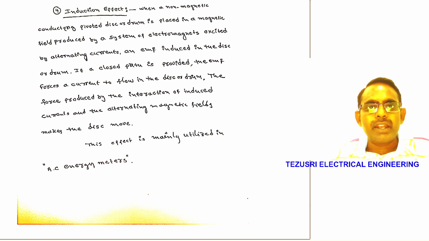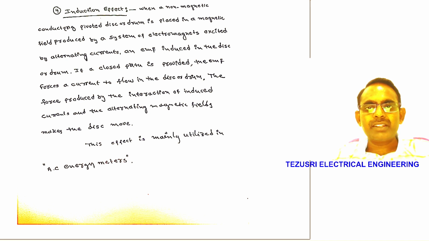Next, another one, induction effect. When a non-magnetic conducting pivoted disc or drum is placed in a magnetic field produced by a system of electromagnets excited by an alternating current, an EMF is induced in the disc or drum.